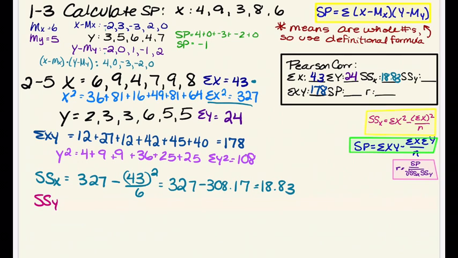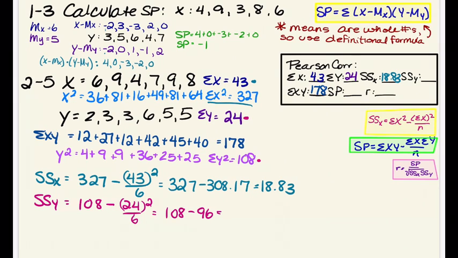To find the sum of squares for y, we'll do the same thing by taking the sum of y squared and subtracting the sum of y, squared, divided by n. And we'll come up with a value of 12.